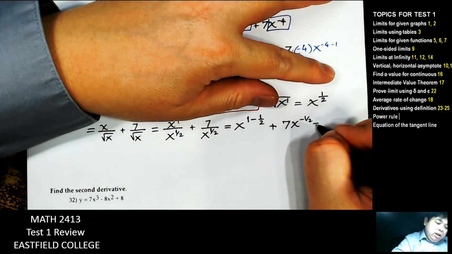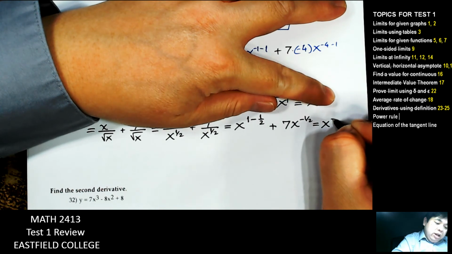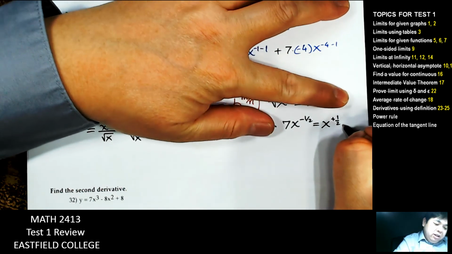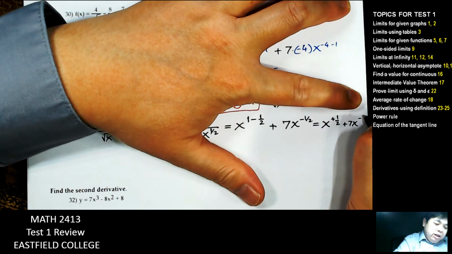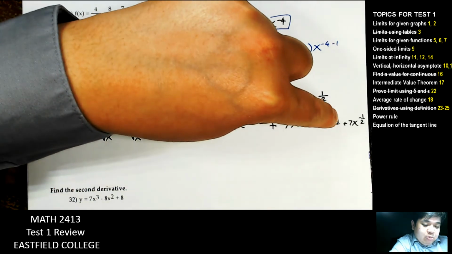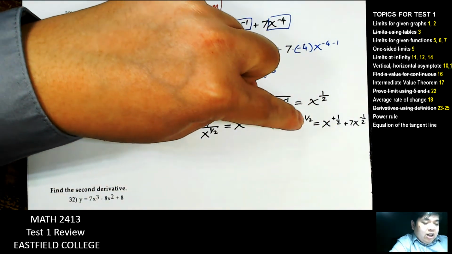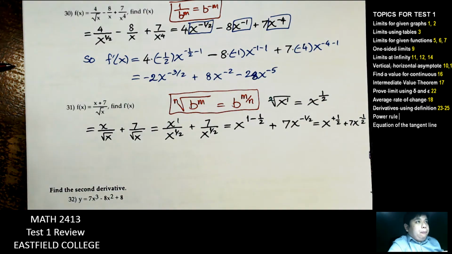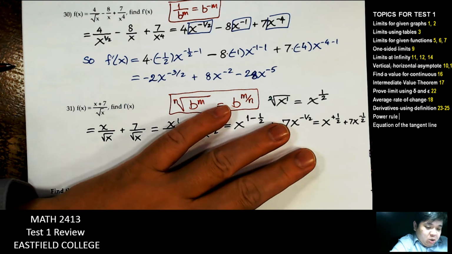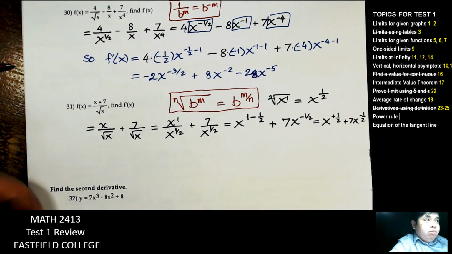And we simplify, we have x to the positive 1/2 plus 7x to the negative 1/2. For the first one we have 1 minus 1/2 is 1/2. The second is negative 1/2, always there. You can apply the power rule on this, so I'm not going to worry much about that.